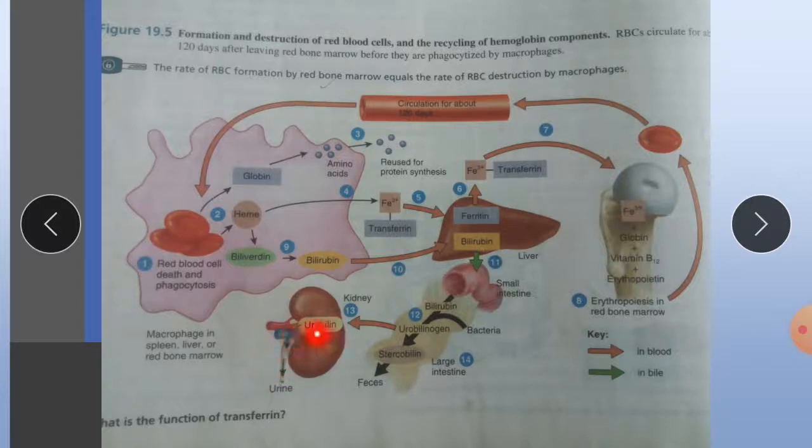This urobilin gives the natural color of our urine, the pale yellow color, which develops once that bilirubin is converted into urobilin, and in the kidney it is released into the urine.